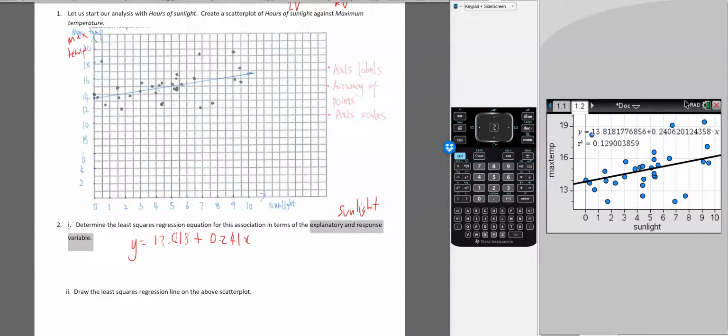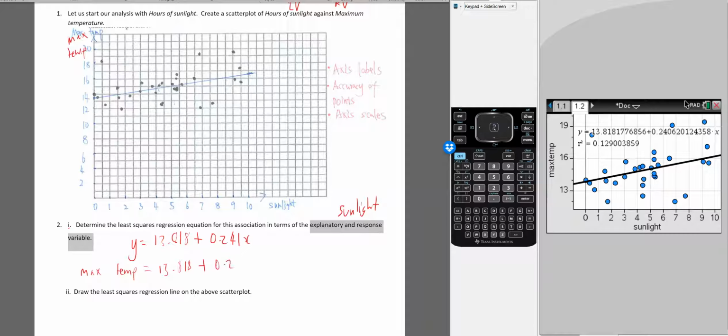So I'm going to change this to max temp is equal to. Now, you need to be consistent with your rounding. If you're going to round one as, for example, 3 decimal places, you need to make sure you round the other as 3 decimal places as well.